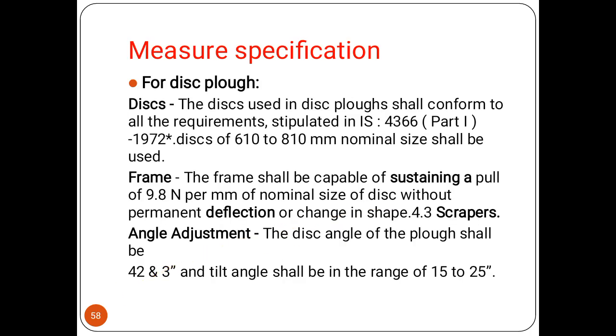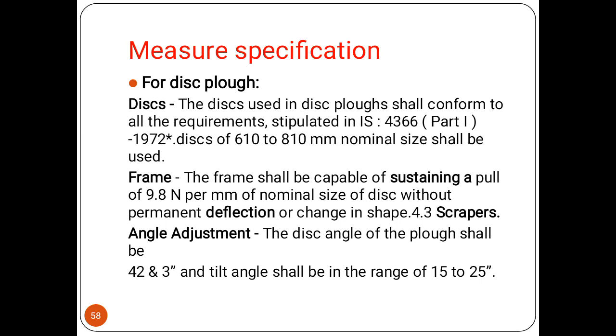Now some major specifications, like the disc plough, are measured as per IS 4366, with nominal disc diameter and nominal size of 16 to 10 millimeter. Now the frame sustaining a pull of 9.8 Newton per millimeter nominal size.